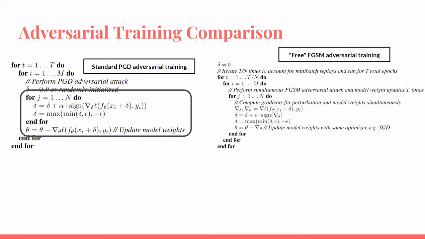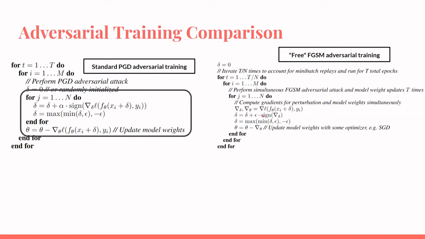Now, if you look at the free adversarial training algorithm, we can see the epochs are actually divided by N instead. Even though there's an N loop inside, we can divide the number of epochs by N in order to basically negate that complexity. So it's not really O(MN) for each epoch, it's really just O(M).